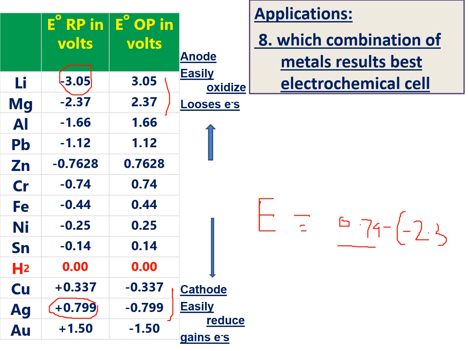So minus of minus becomes plus: 0.79 plus 2.37 gives around 3.1. So it is the best.